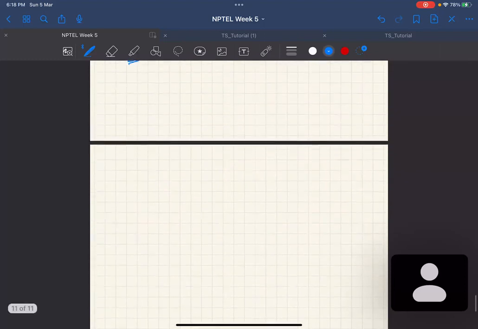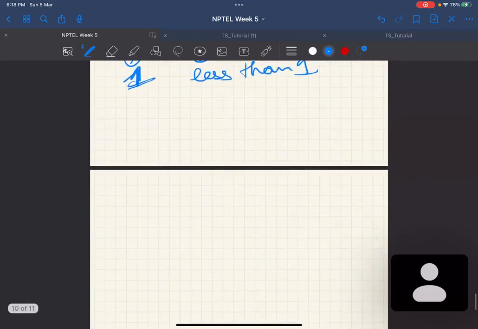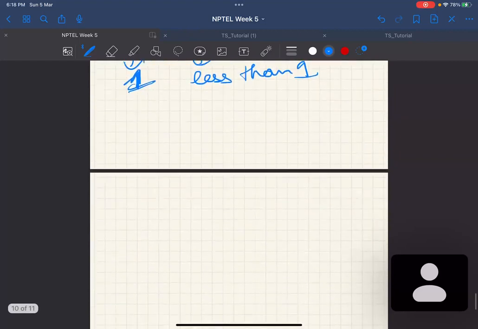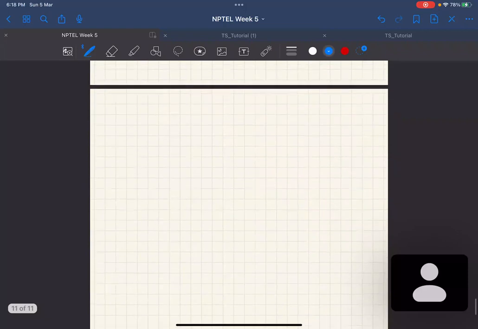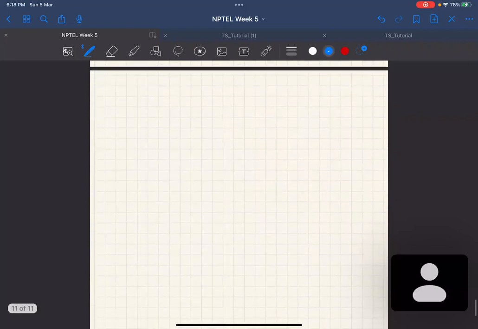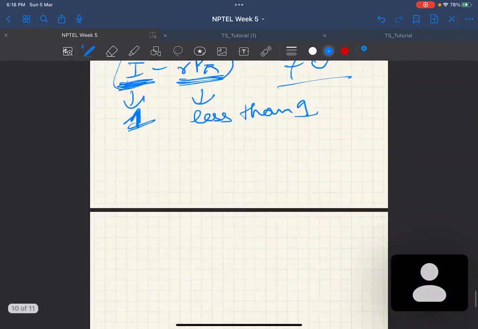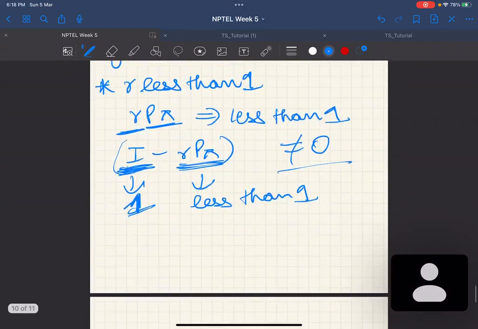Now coming to the next thing. We claim that V pi converges. Let's start.